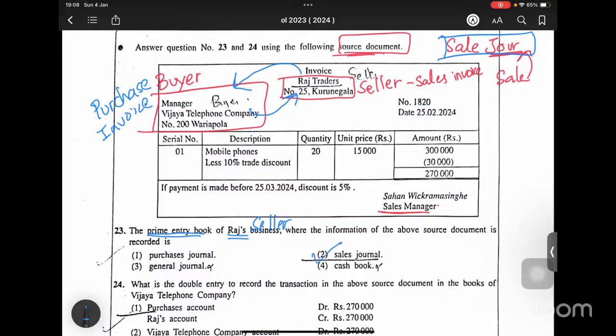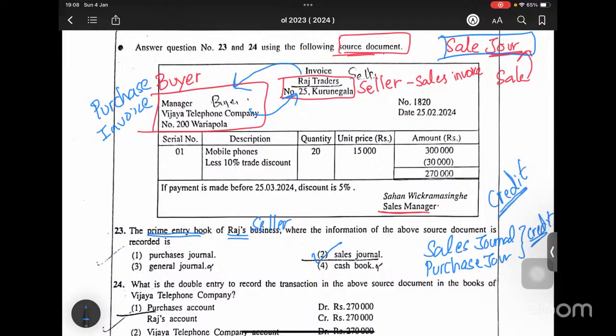And you also need to know that in the sales and purchase journal, only credit sales and credit purchases are recorded. Only the credit ones.